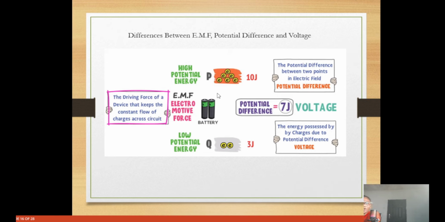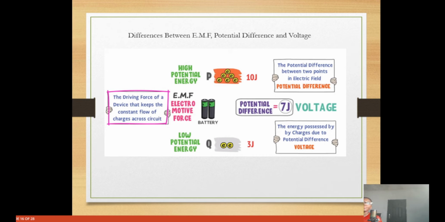Let me explain again. You have the battery. The driving force is just like the teacher saying, read your book. Okay, you are not excelling well, you are not doing very well. It is the teacher to motivate you to leave where you are, to go to a higher point. Then the change in your result. Maybe your result before was you were having 20, then now you're having 80. The difference between your results is the potential difference.